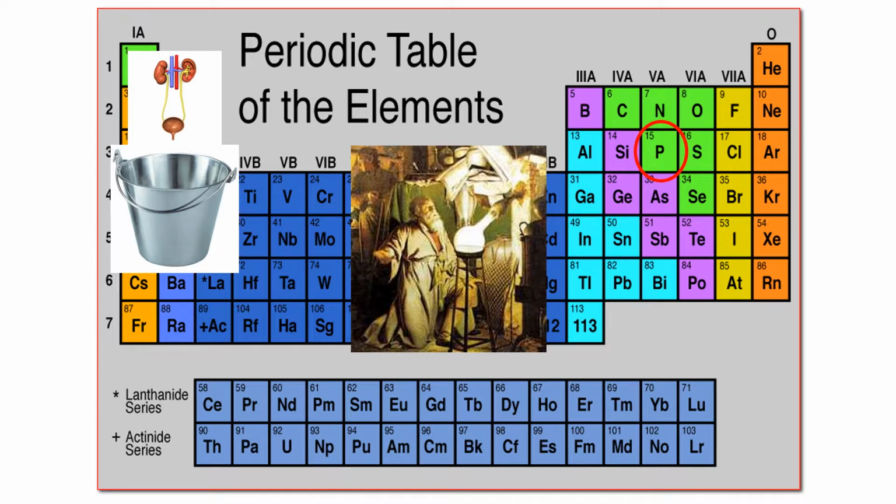And as the water evaporated from the urine, water contains phosphates, and through chemical degradation and natural breakdown of those materials that were in the urine, it started to glow. And that's where the name phosphorus comes from.